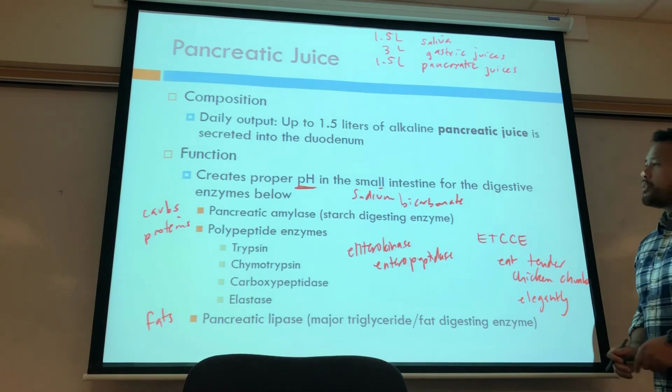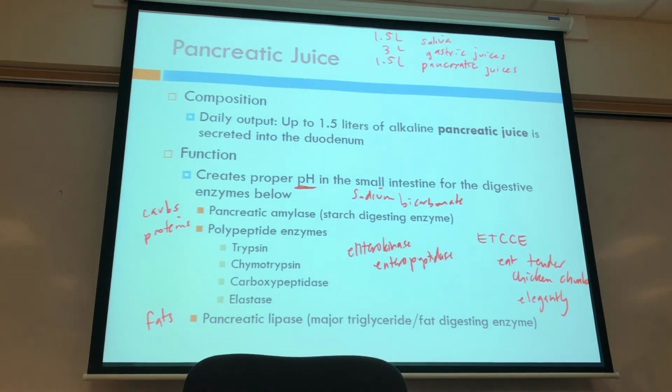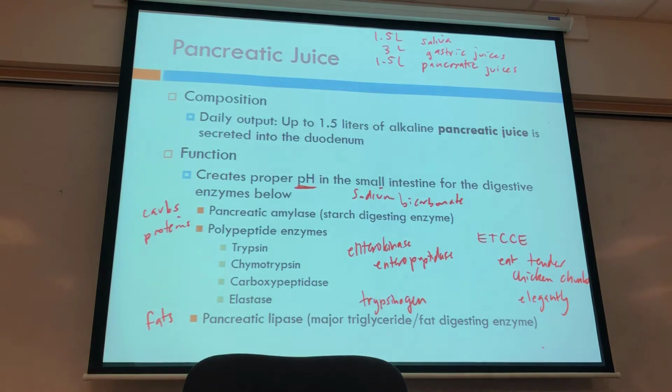Now, technically what's happening is we actually have that enterokinase or enteropeptidase. One of the things that I won't go too much into is that trypsin is not actually released as trypsin. It's actually released as trypsinogen, just like you saw pepsinogen in the stomach, just like you saw angiotensinogen in our endocrine system.